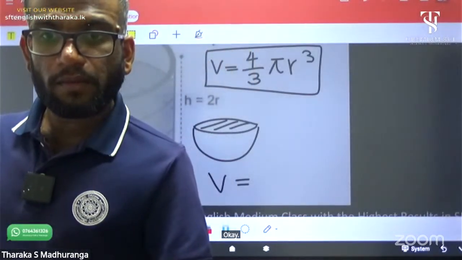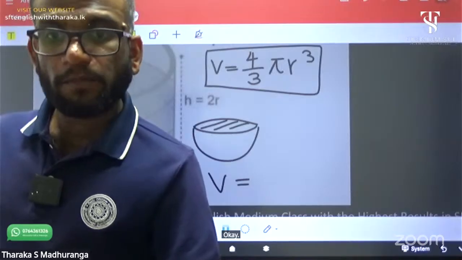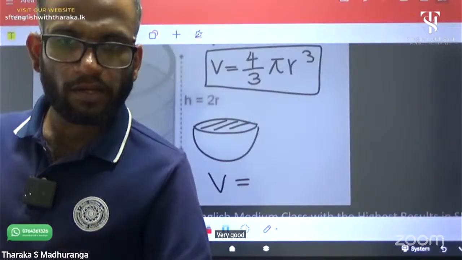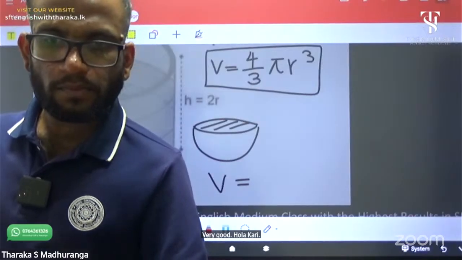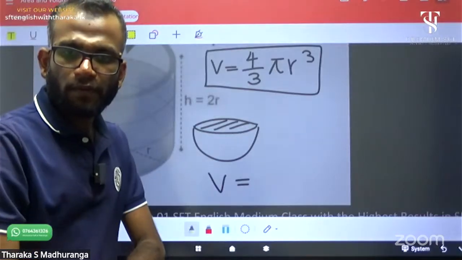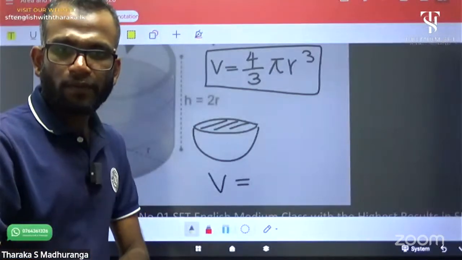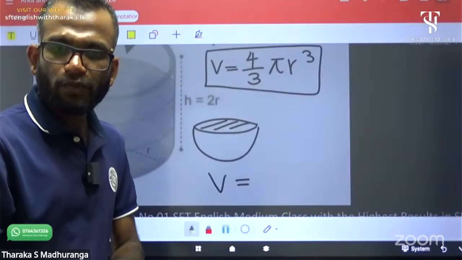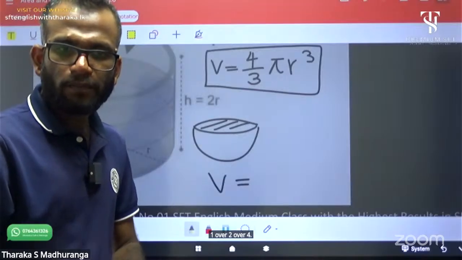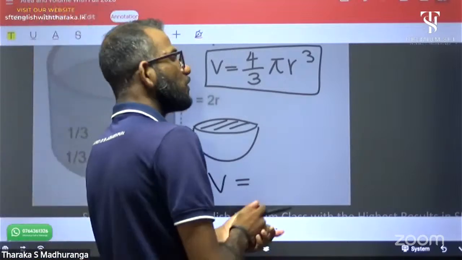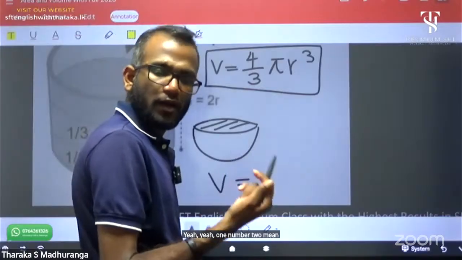Okay. The hemisphere volume. Very good, all are correct. 1 over 2 means multiply by half.